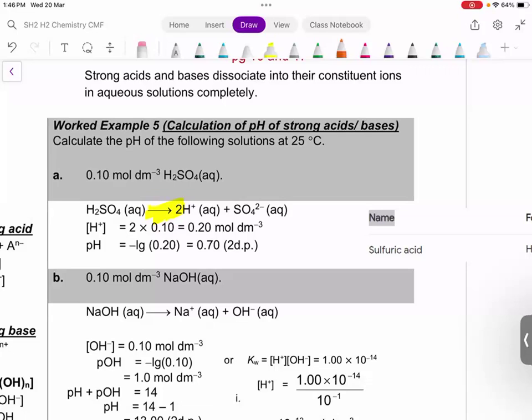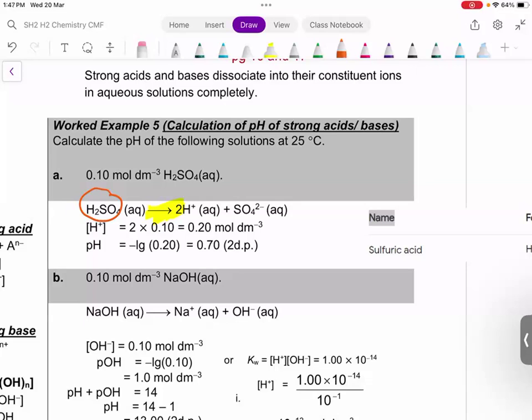Now, this strong acid happens to be a polyprotic acid, or rather, it is able to give out 2 H plus per mole of sulfuric acid. In the earlier part of this topic, we said that if it's a polybasic acid, it's always a stepwise dissociation because for every H plus you have a Ka1, Ka2, and Ka3. So there's a total of 2 H plus, then logically there should be a Ka1 and Ka2, which are of different values.